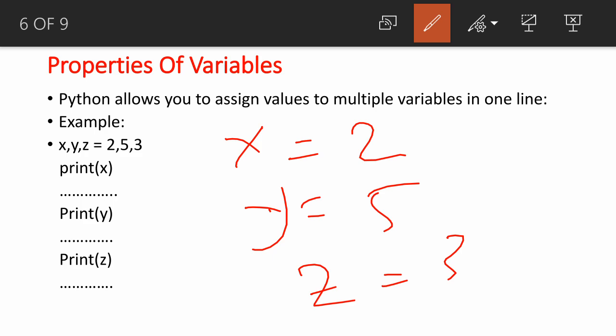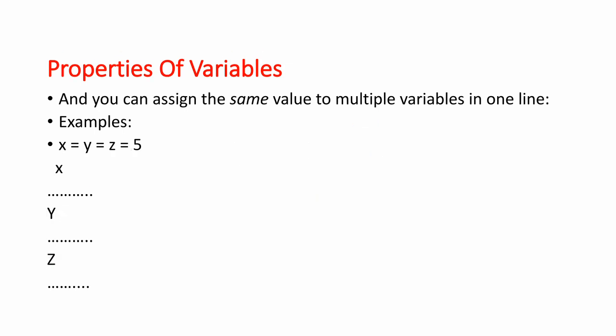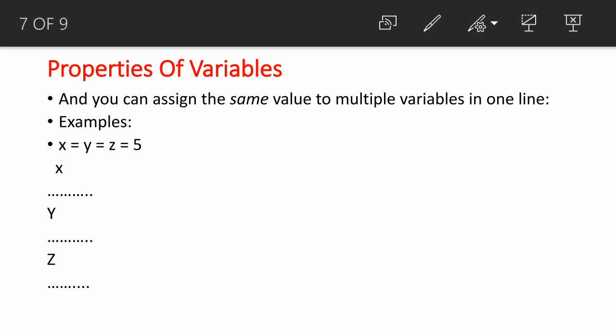So when you print x, it is 2, print y, it is 5, then print z, it is 3. Now, that leads us to the next point. You can assign the same value to multiple variables in one line. Just like you have x equal to y equal to z equal to 5. It means your x is 5, your y is 5, and your z is also 5.